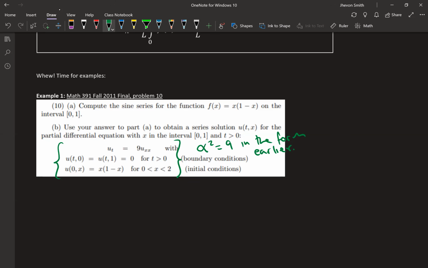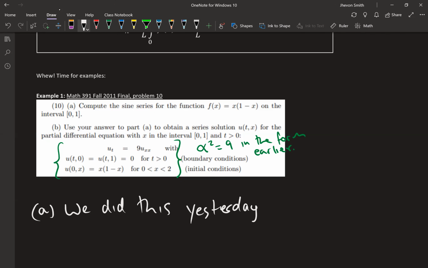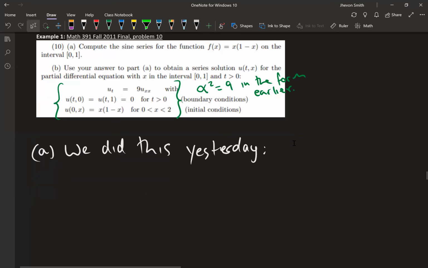You see a problem like this. Your first step is to go through and find the Fourier sine series coefficient, which we did yesterday. We actually knew what the Fourier sine series was.